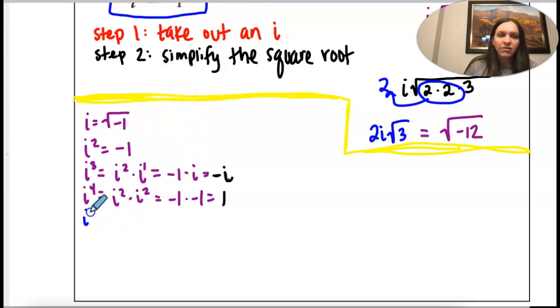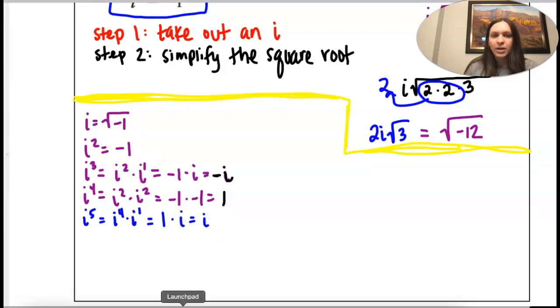So if I take i to the fifth, I'm going to break it down using i to the fourth because that's 1. It's the simplest one to work with. So it'd be i to the fourth times i to the first, which would be 1 times i to the first, which is just i. So it'd be i.